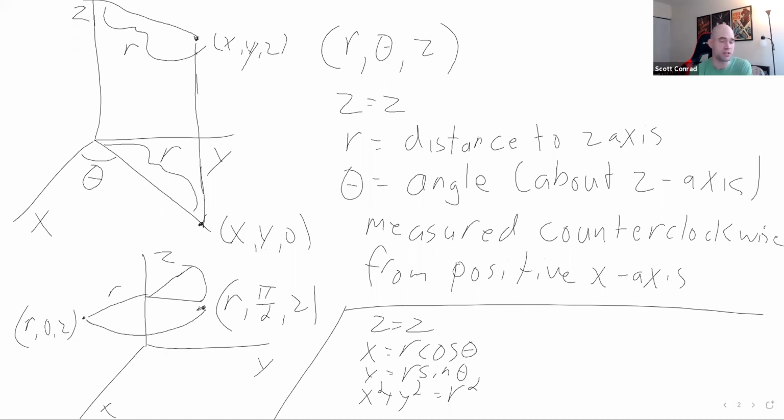So the x and y relationships are the same as in polar, because r and theta are the same as in polar when you project down to the xy plane.